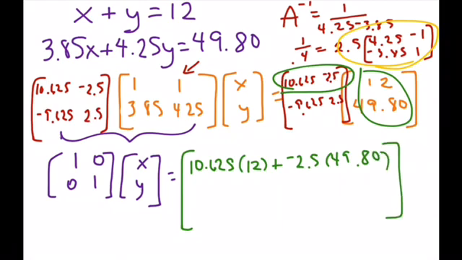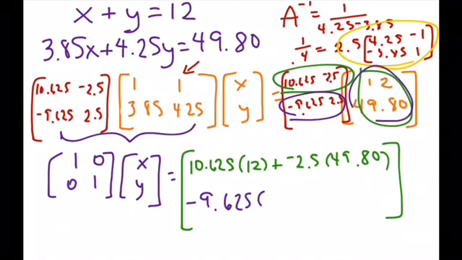And then I'm going to do this row times that column: negative 9.625 times 12 plus 2.5 times 49.80.